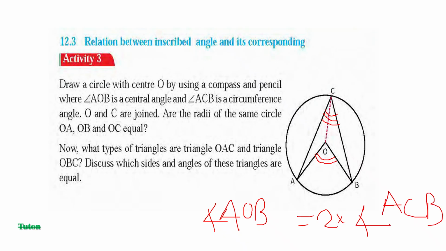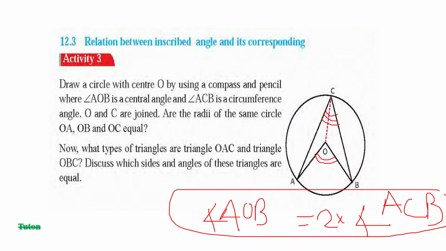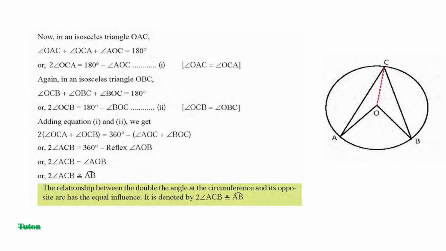I will be deriving this relation in another video, in another slide. And now, moving on to the derivation of the relationship between the two angles, angle AOB and angle ACB in this circle.